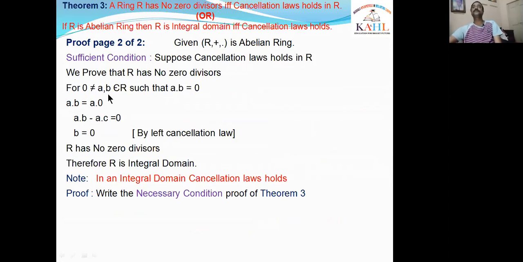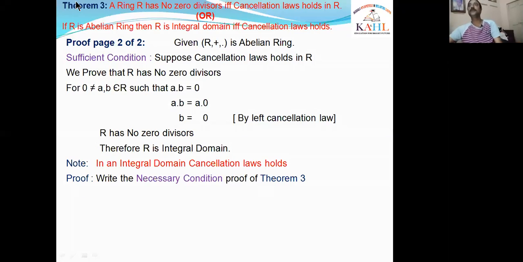So I am taking that AB equal to 0. AB equal to 0, with the LHS part written the same, can be written as A into 0. It can be written by theorem 1, first bit, 0 may be written as A into 0. If you observe that there is a small mistake, I will clarify.